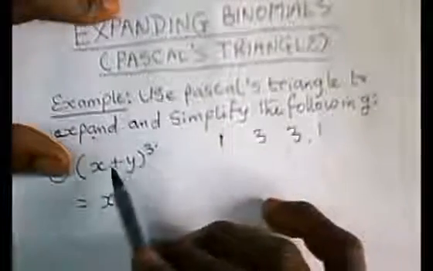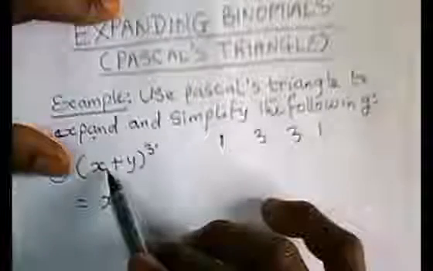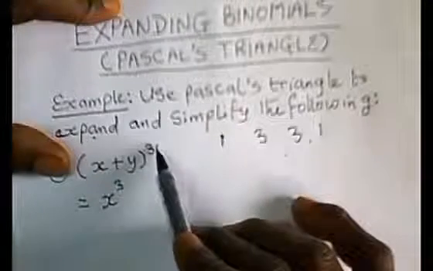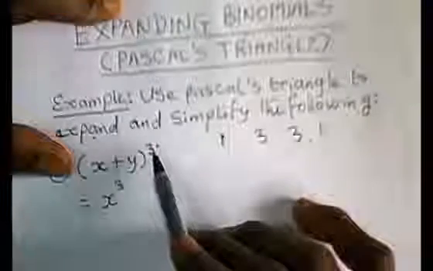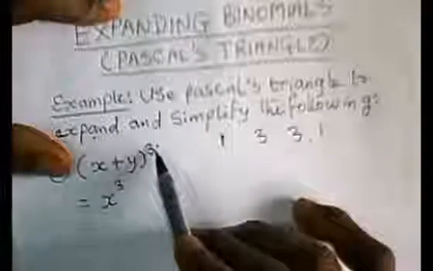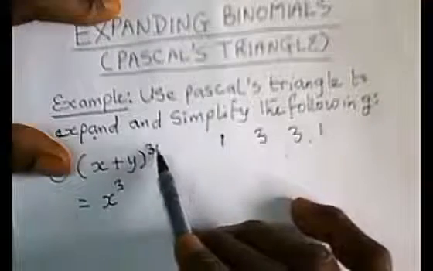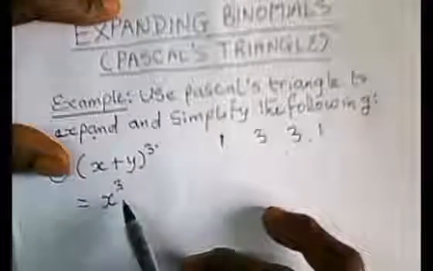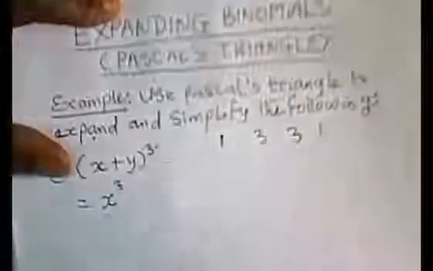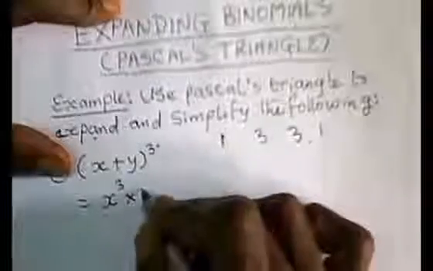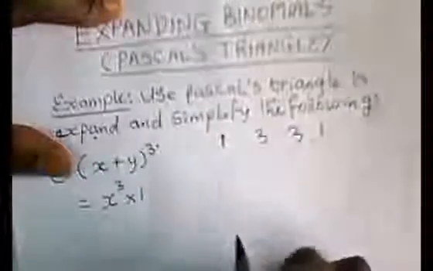So the first step is to write the first term with the power that you see here. In this case, the power is 3, so we have x^3. Now this coefficient will be used to multiply this first term, so we say times 1. That is the first thing we do.